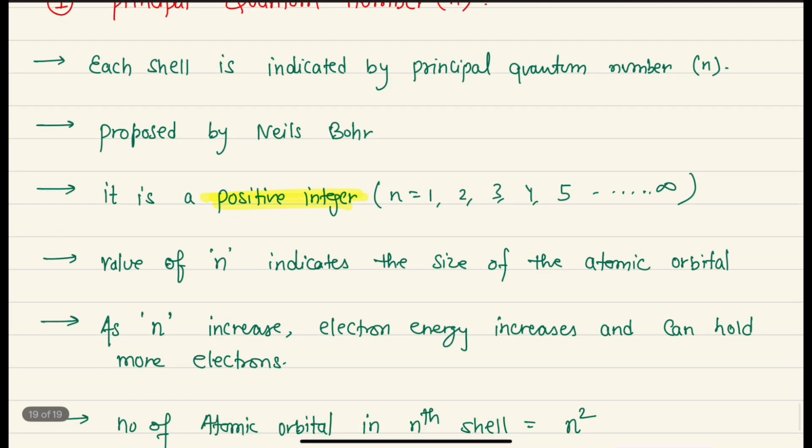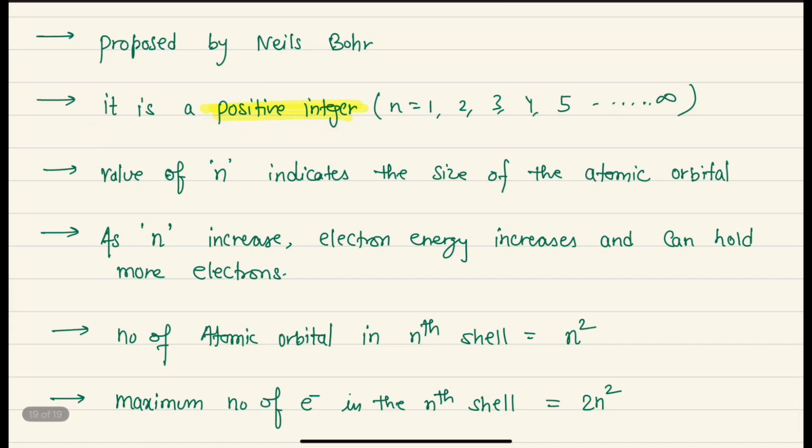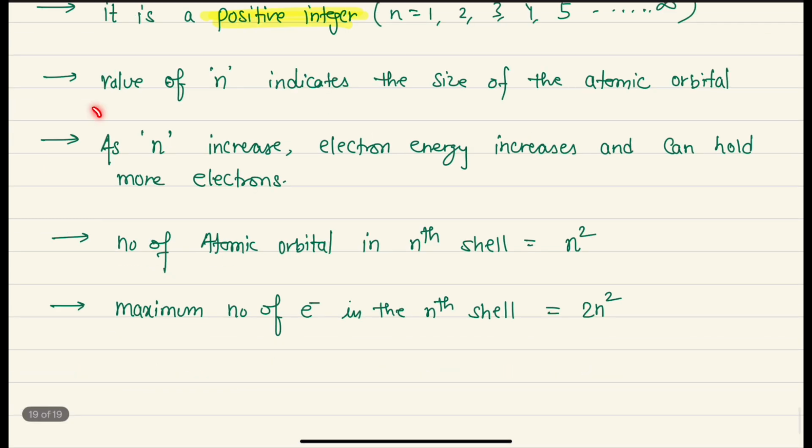So the first point is each shell is indicated by the principal quantum number n, proposed by Niels Bohr, and it is a positive integer, n equal to 1, 2, 3, 4, 5 and so on up to infinity. The value of n indicates the size of the atomic orbital.